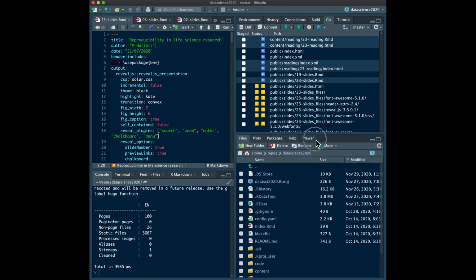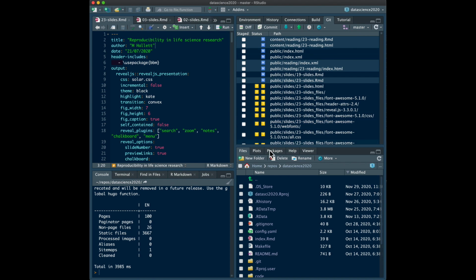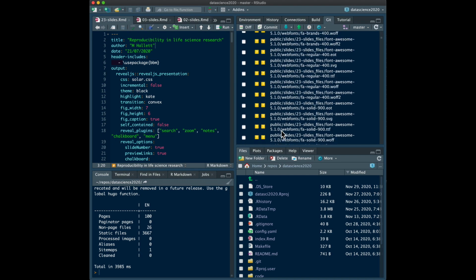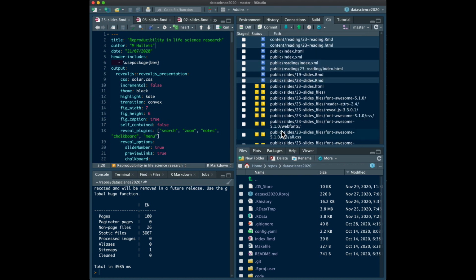Now, what I'm going to show you a little more later is that there's a window in this upper right quadrant called Git, which you aren't familiar with. All these files listed here are files that were changed or created as I prepared this lecture, lecture 23. I haven't sent them back to the GitHub web repository yet. They're local in my directory, and I'll show you in a little bit how I push them back to the main repository.